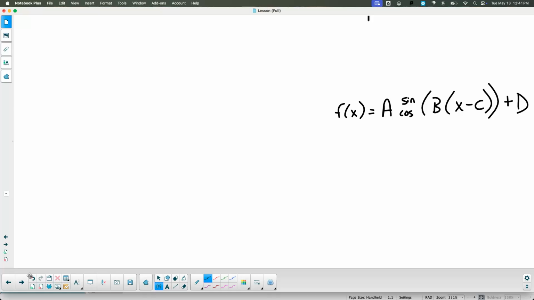Now, we've got a parametric function, and we're going to use it to graph Ferris wheels, circular motion, if you will. So now we've got x of t, and that's going to be a cosine of bt plus c, then plus d.